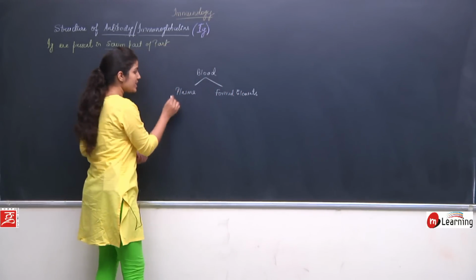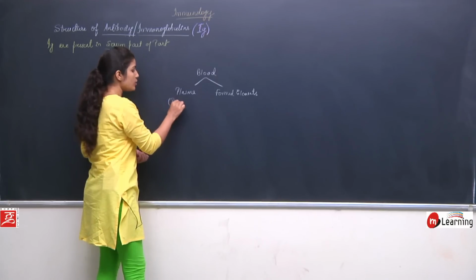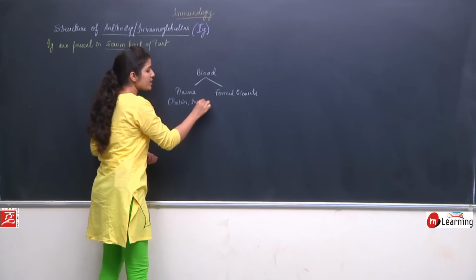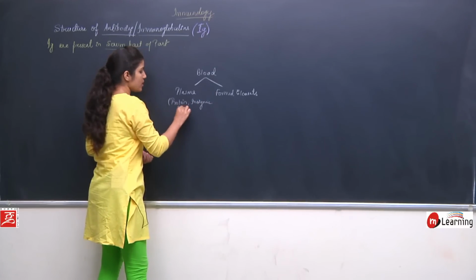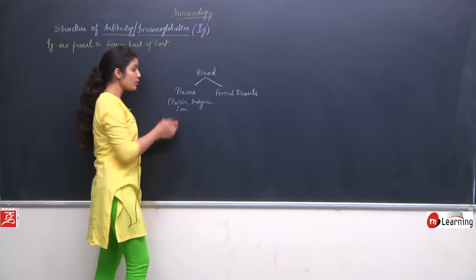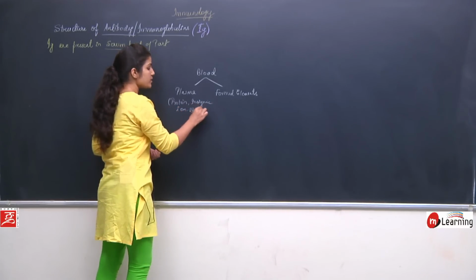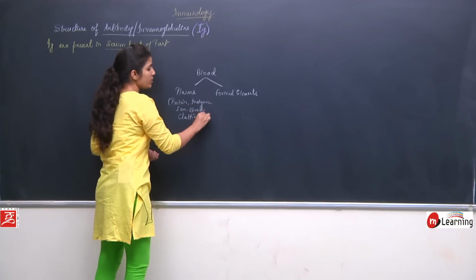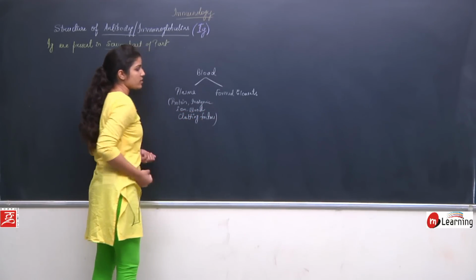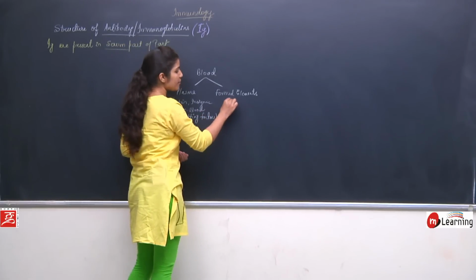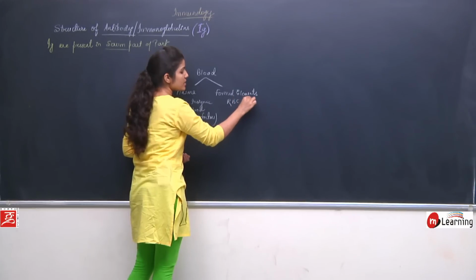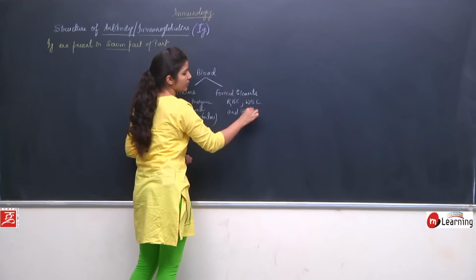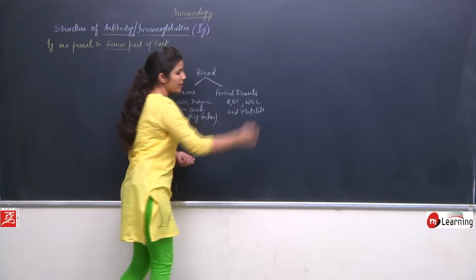This plasma contains all the protein part, many inorganic ions, and blood clotting factors are also present in this. And the formed elements comprise RBC, WBC and platelets.